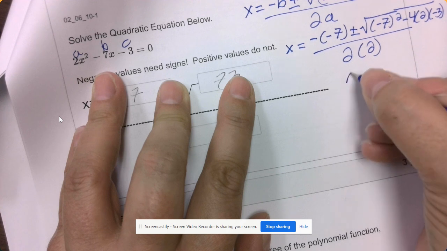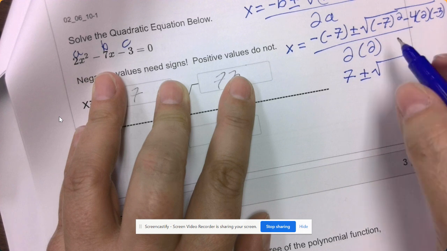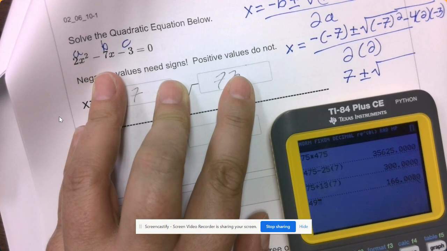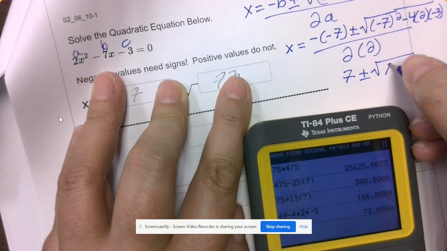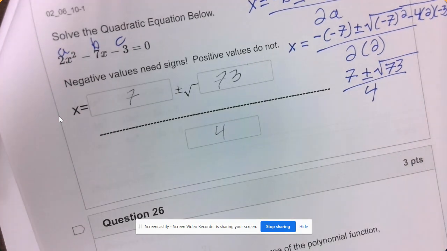So we're going to have 7 plus or minus. Plug that in the calculator. So 7 squared is 49 minus 4 times 2 times -3 gives me 73. Okay, we plug it all in here, everybody.